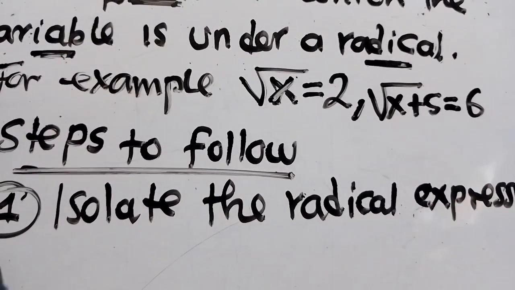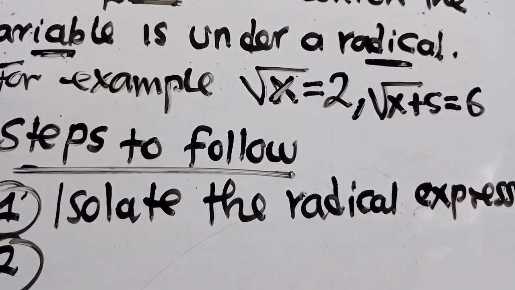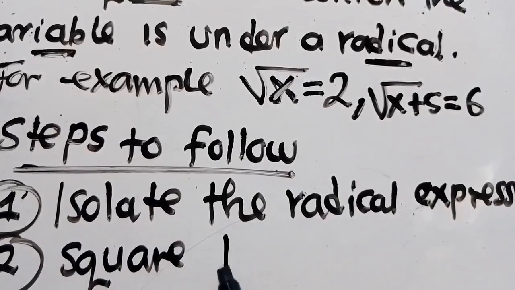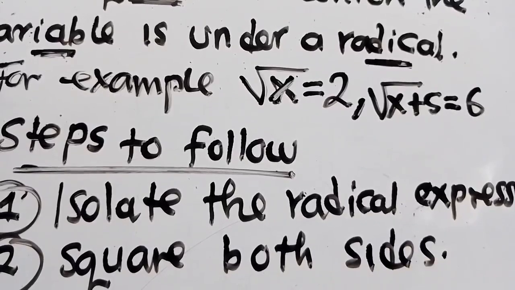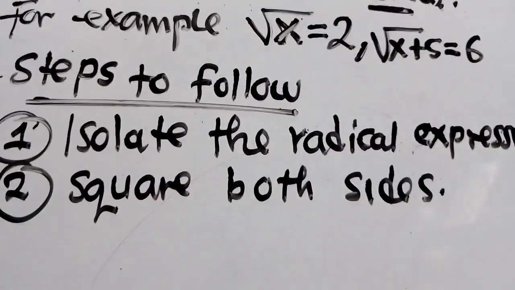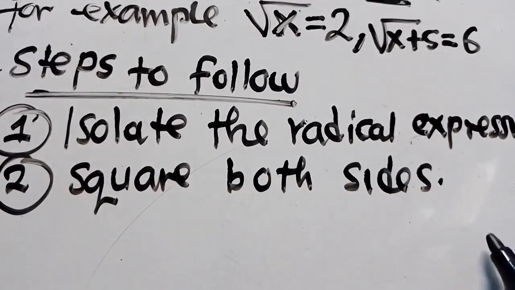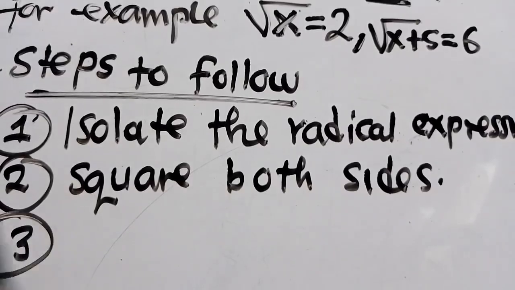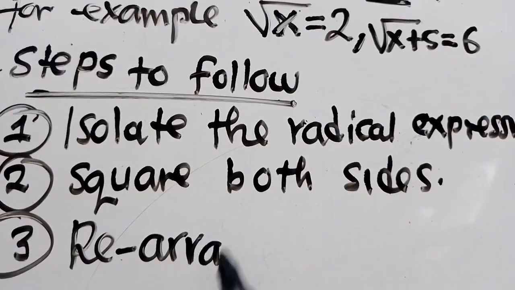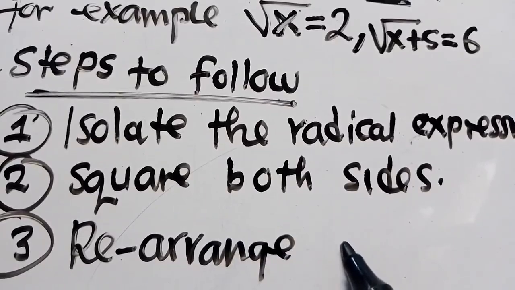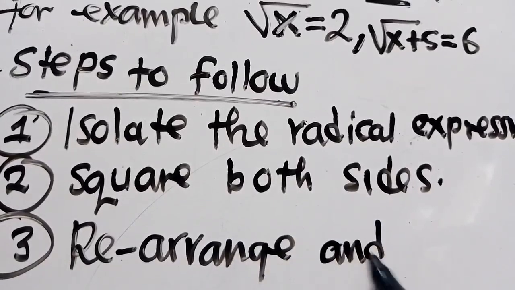Then step number 2. I'm going to be brief so that I just give you the outline that you need to follow. Step number 2 is where you square both sides of the equation. Step number 3 is where you rearrange the equation and solve.